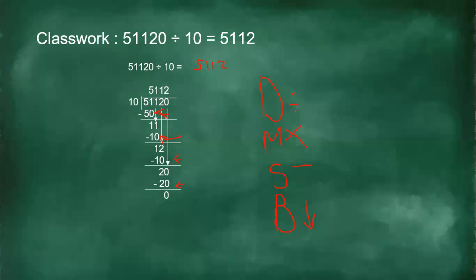When you keep on adding tens, remember multiplication is like repeated addition. The numbers you meet are what we call the multiples of 10. 50 is the fifth multiple of 10. 20 is the second multiple of 10, because it's 10, 20, 30. So you're always going to be subtracting those numbers.